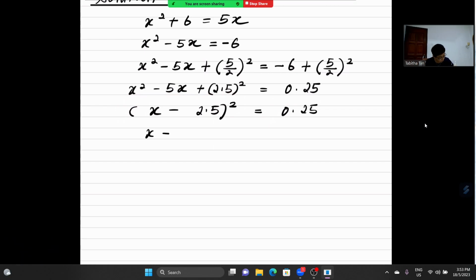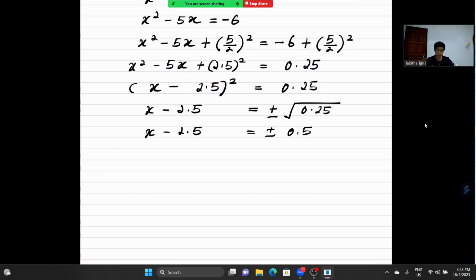And therefore we're going to get x minus 2.5. The square is gone, and then you're going to get a positive and negative square root of 0.25. And with that, we will get a linear equation with two possible answers, which is positive and negative 0.5.